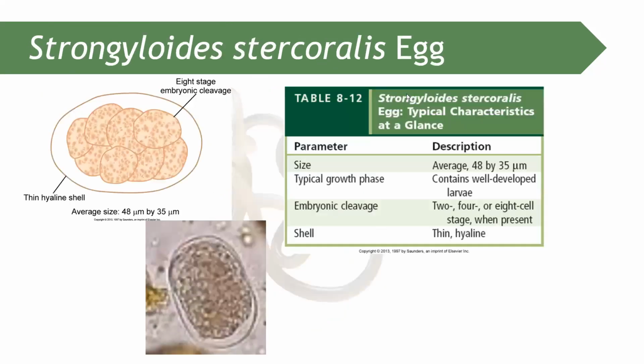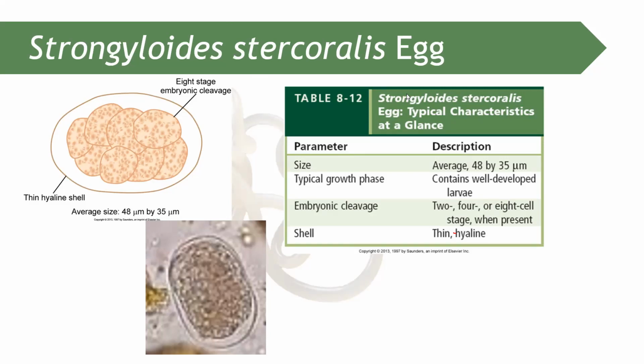Moving forward to our next parasite, Strongyloides stercoralis. Like what I've said, it has embryonic cleavage like that of our hookworm. Okay? Sometimes 2, sometimes 4, sometimes 8 cell stage are present.